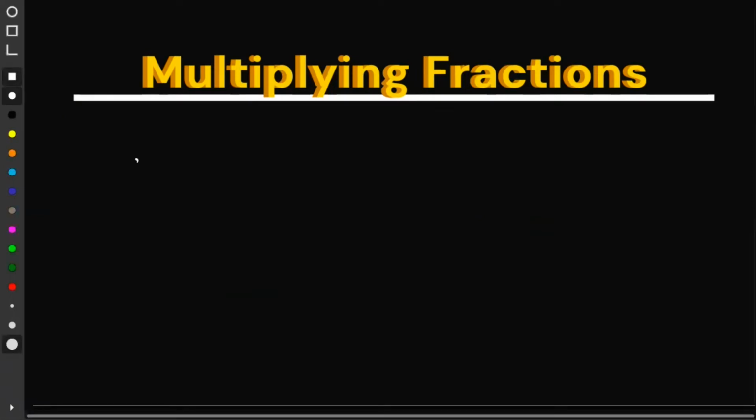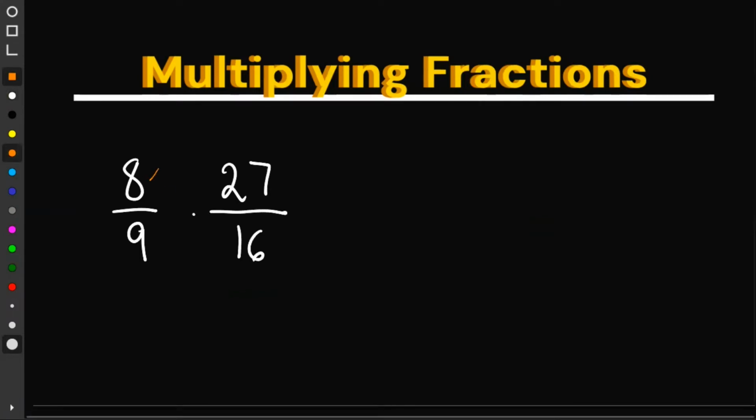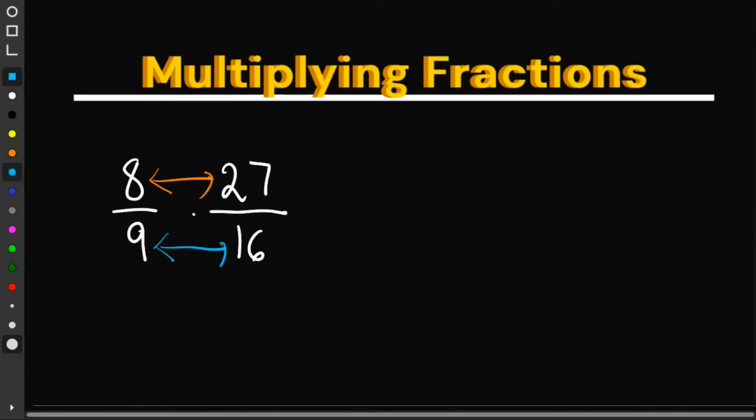Now let's try 8/9 times 27/16. If we apply the idea a while ago, we can try to multiply this one and this one. But that would give us a very large number. So a good tip in multiplying fractions is to cancel out the common factors first to avoid simplifying later.